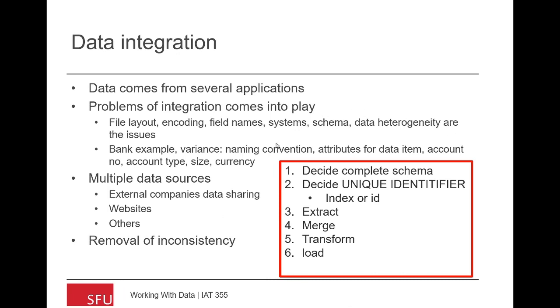The first thing you have to do is come up with a complete schema that deals with all of the different data organization methods for each of the applications or fields that you're getting things from. Decide on a unique identifier for each data item, some kind of index or ID. Extract information from each of the data sources and then merge them together.